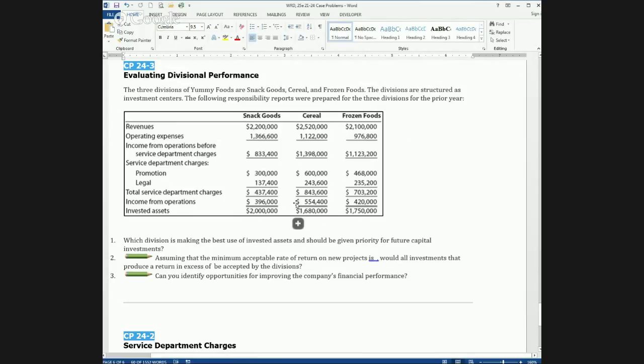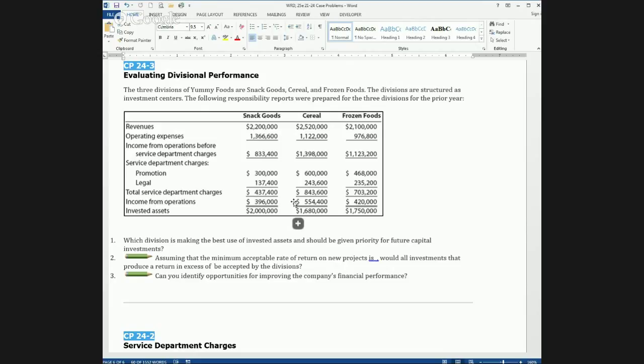However, the cereal division, with the second largest or the lowest level of assets, has produced the highest level of income. So the question is, which division is making the best use of invested assets and should be given priority for future capital investments?